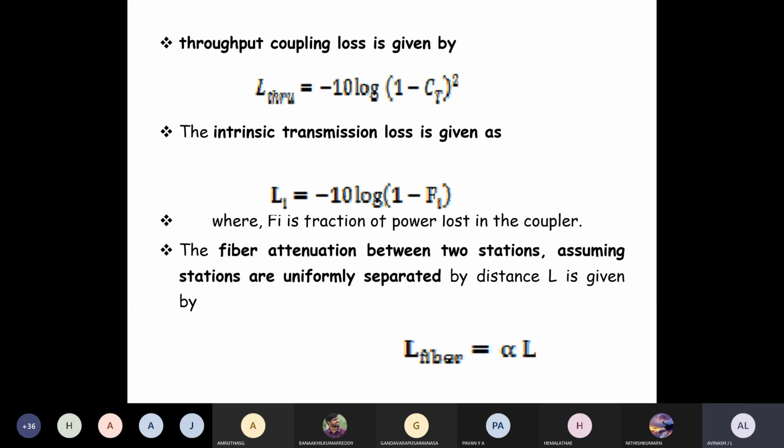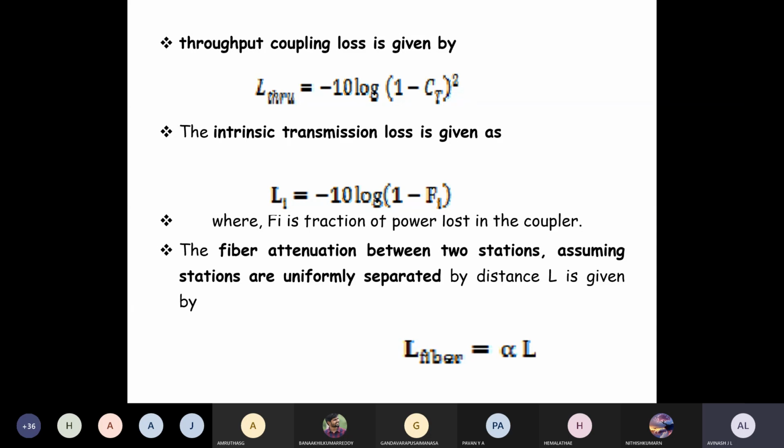I cut and pasted it here and thought it would come out nicely. Anyway, when uploading the notes once again, I'll edit this and send it to you. As of now, just take my words. Write down that Li is equal to minus 10 log of 1 minus Fi. What is Fi? Fi is the fraction of power lost in the coupler. We are not mentioning why it is lost, but it is a loss.